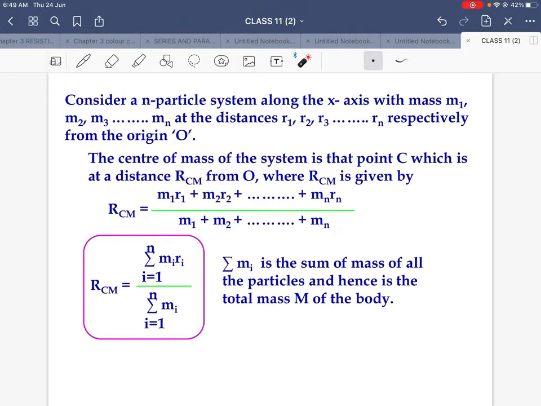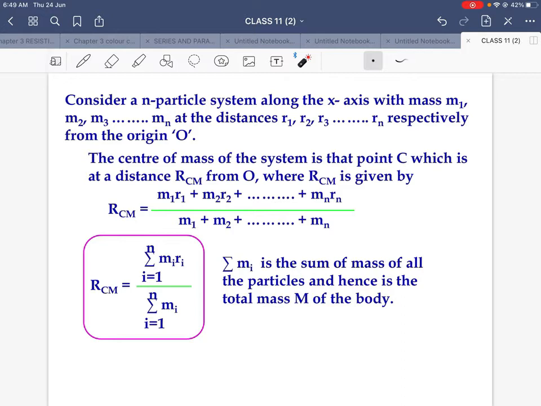In terms of summation, we can write it as sigma mi ri, i varies from 1 to n, divided by sigma mi, which is the sum of the masses of all the particles and hence the total mass of the body, that is M. So this formula is used to find the center of mass of n particle systems if masses are distributed discretely.